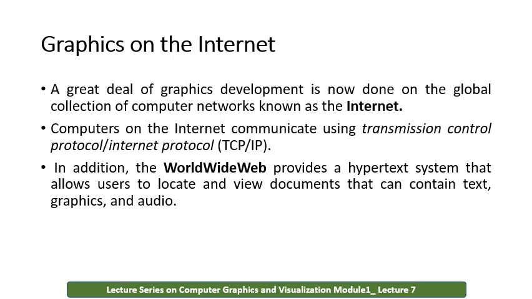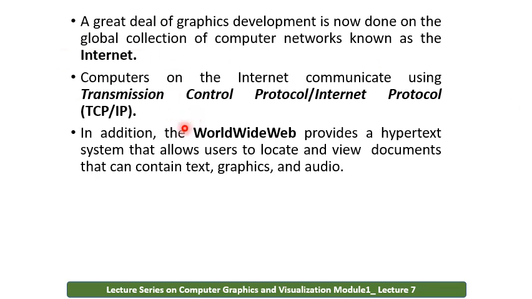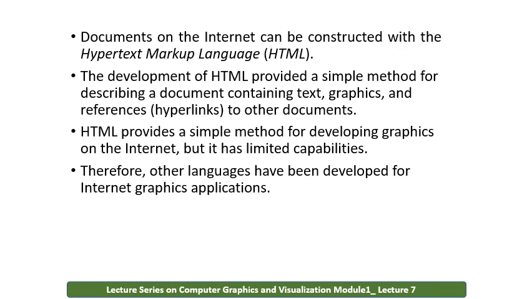In addition, it may use the World Wide Web, which provides a hypertext system that allows users to locate and view documents that contain text, graphics and audio. A great deal of graphics development is now done on this global collection of computer networks known as the internet.